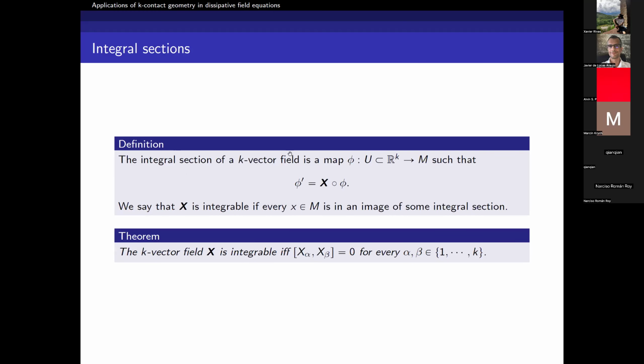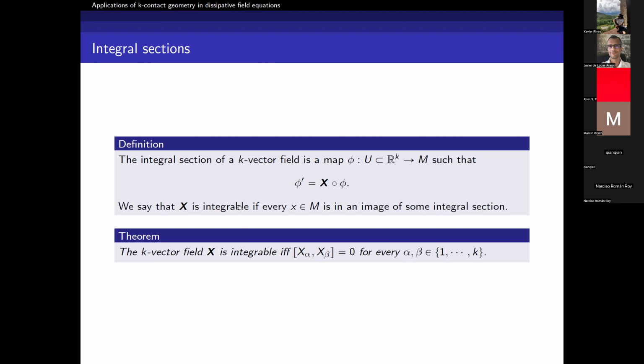These are basically maps from U to M, such that they satisfy the following formula. It works in a similar way as integral curves for normal vector fields.